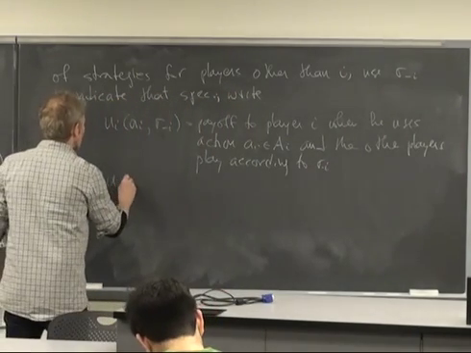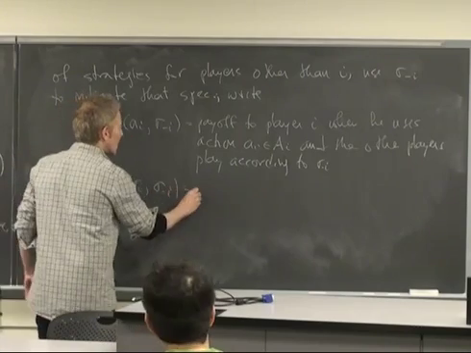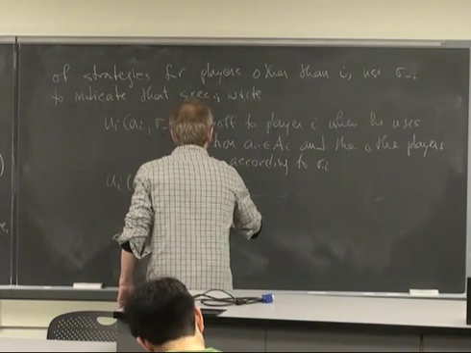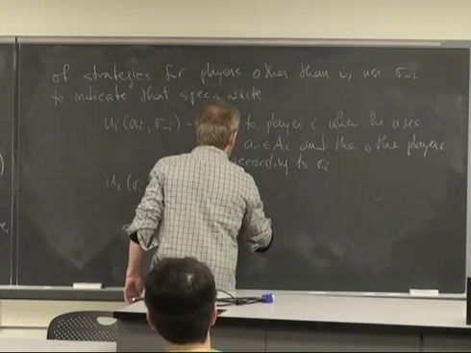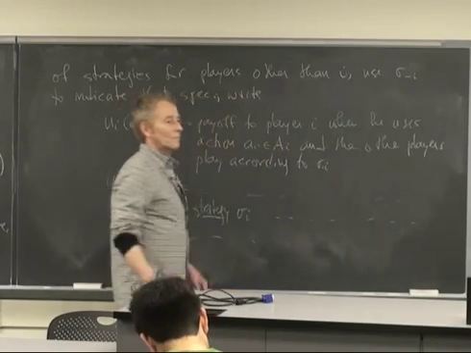After I write this, U sub I of sigma sub I, sigma sub minus I is the payoff to player I when he uses strategy sigma sub I, and the other players play according to sigma sub minus I.